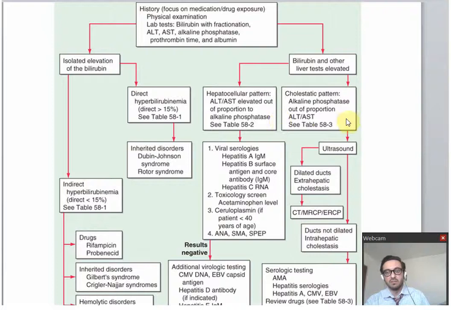The meaning of the cholestatic pattern is that not only is total bilirubin elevated, but we have indicators of cholestasis, which at the lab level means alkaline phosphatase elevation is out of proportion to transaminase elevation. On the other side, non-isolated hyperbilirubinemia with a hepatocellular pattern is the opposite: the transaminase elevation is out of proportion to alkaline phosphatase elevation.